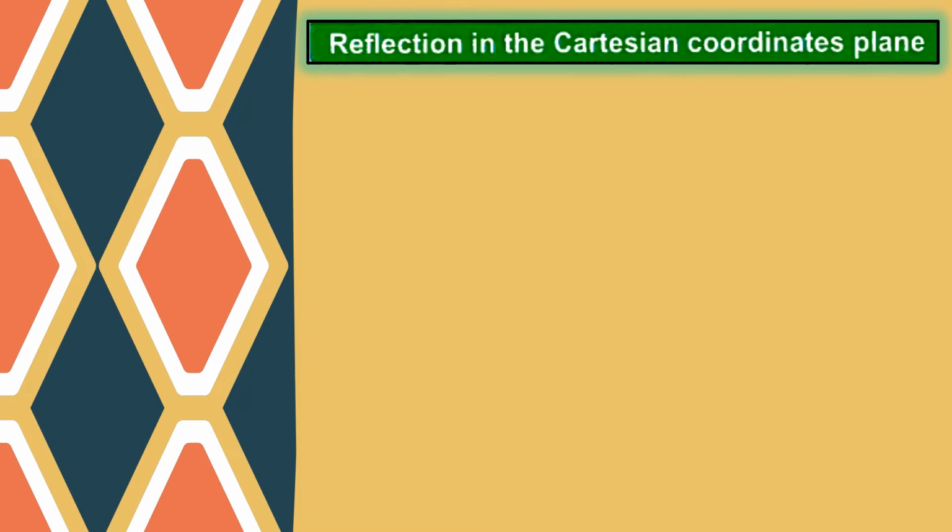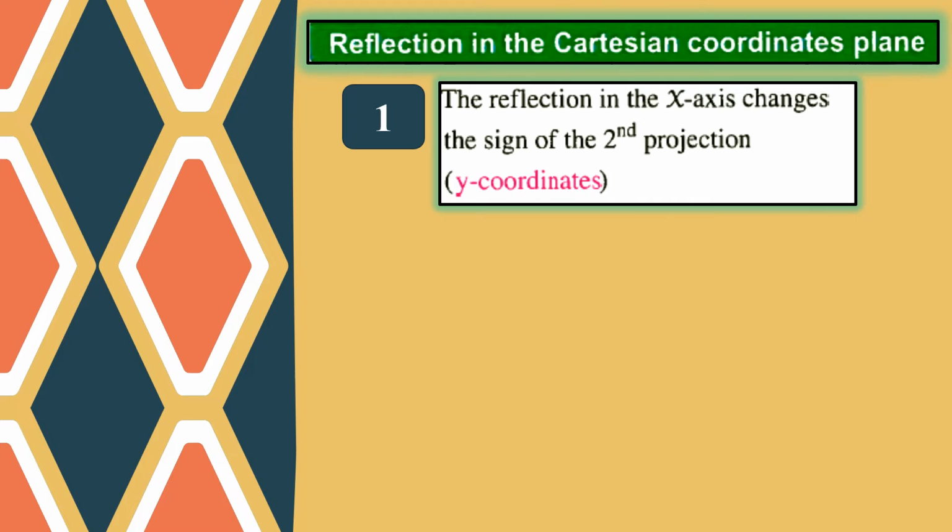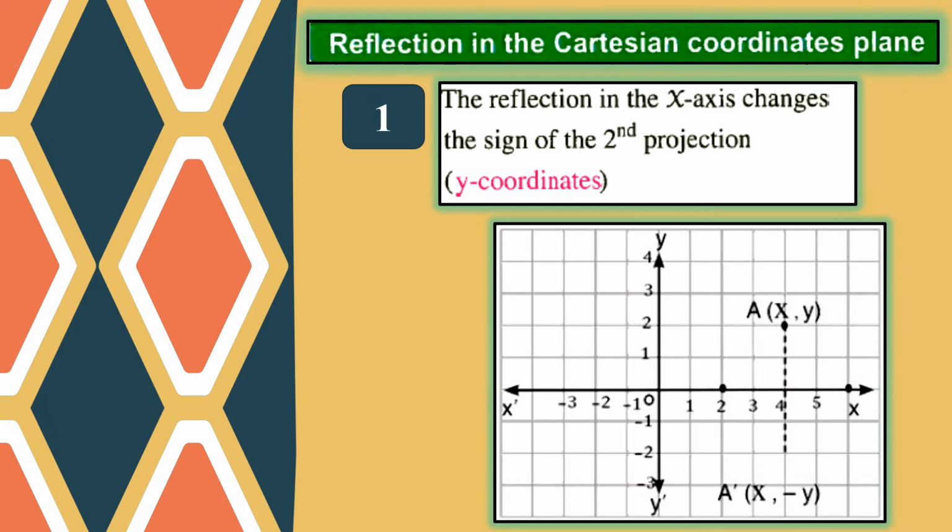Reflection in the Cartesian coordinate plane. Number 1, the reflection in the x-axis changes the sign of the second projection, the y coordinate. Again, for reflection in the x-axis, we must change the sign of the y coordinate.